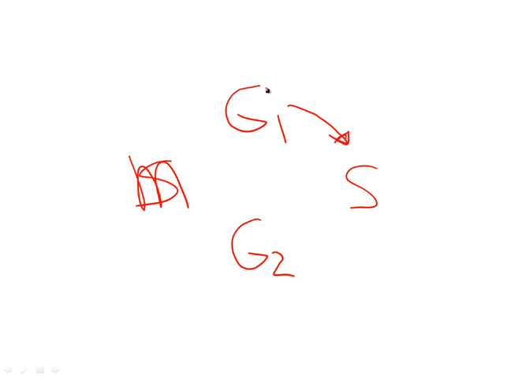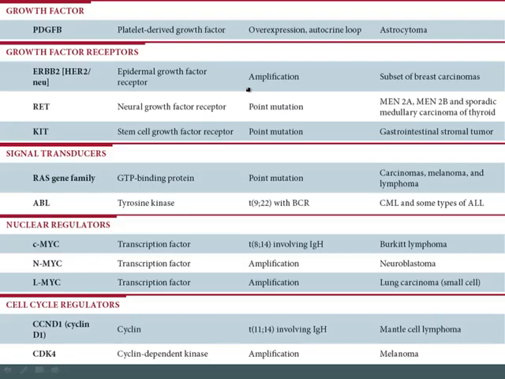The entire cell cycle is highly regulated, in particular G1/S. So that's basically what I'd like to say there. Now let's go back and talk a little bit about these cell cycle regulators. So the two important cell cycle regulators to be familiar with are, number one, cyclin D, and its association is with mantle cell lymphoma.